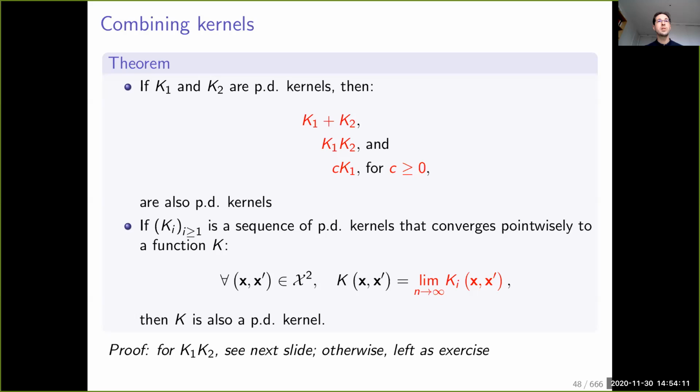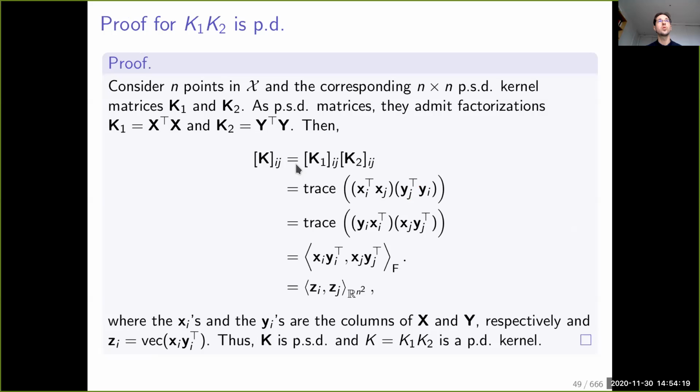So let us maybe start, before I give you examples on how to use that, with this result here: the fact that the product K1 times K2 is positive definite. What we do here is that we consider n points in the input space and the corresponding kernel matrices K1 and K2 that are positive semi-definite.